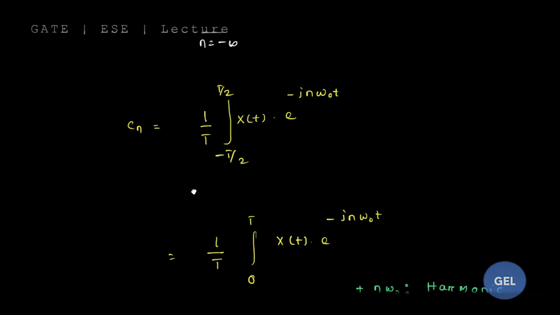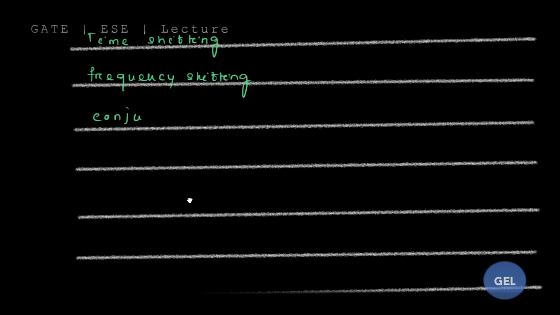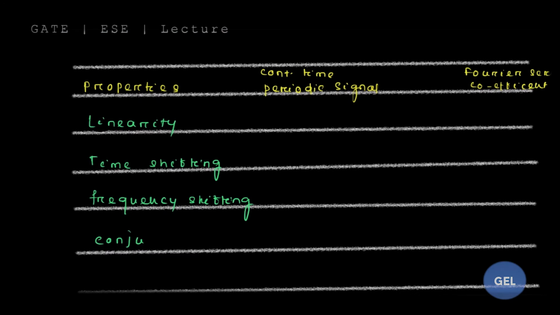We know this. Now we are going to discuss a couple of properties of this Cn. Look carefully. If I take x of t as my signal, then the subsequent coefficient will be Cn. And if I take y of t as a signal, the subsequent exponential Fourier series coefficient will be dn.